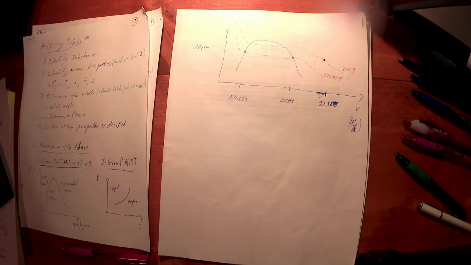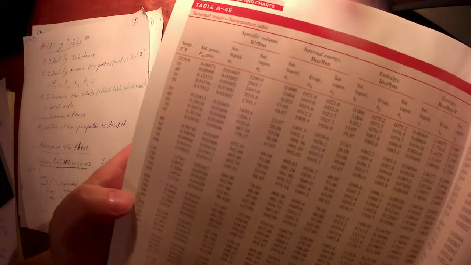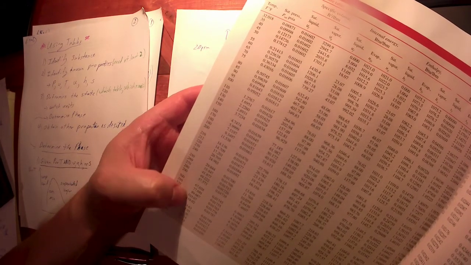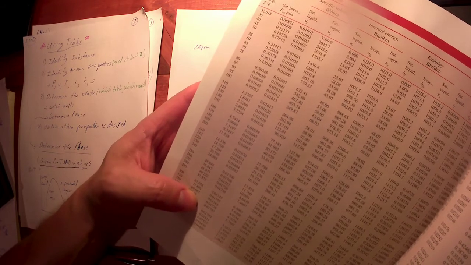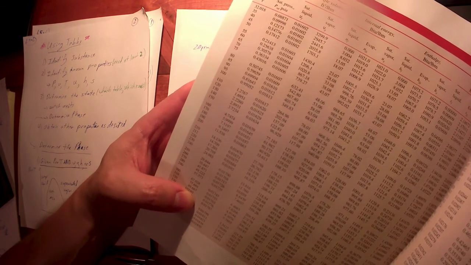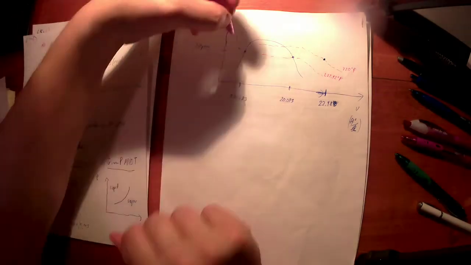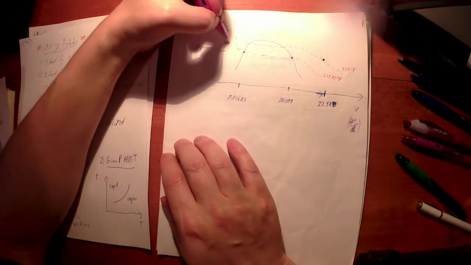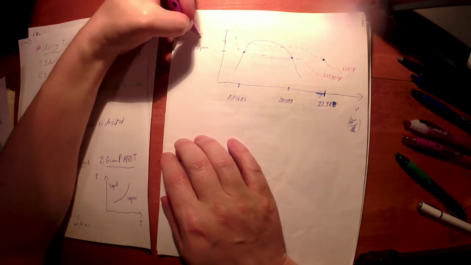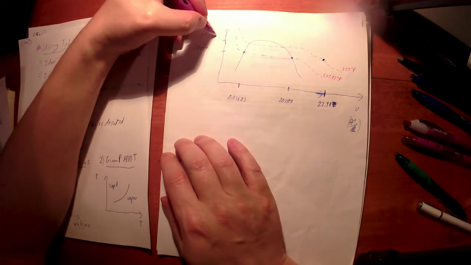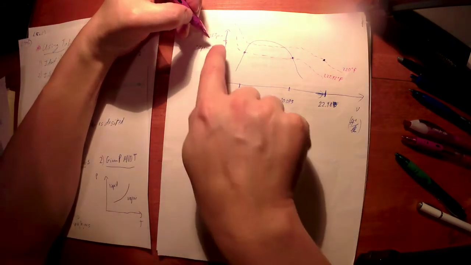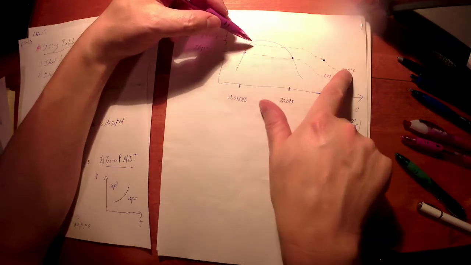So 320 degrees Fahrenheit, down here I've got a pressure of 89.667 psi. That is the saturated pressure for 320 degrees.